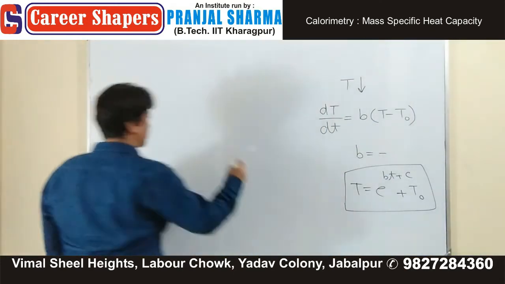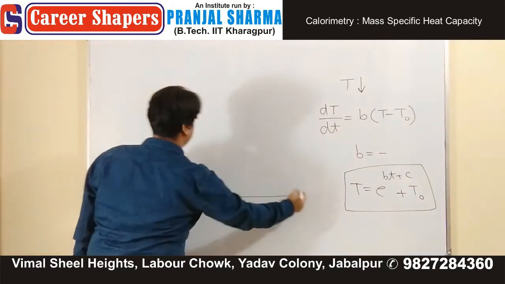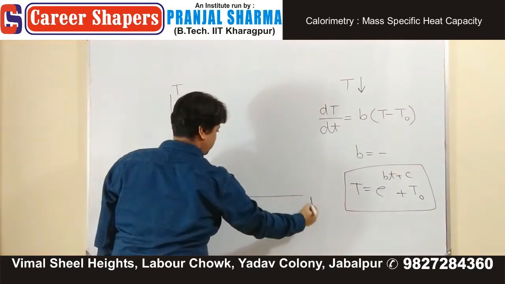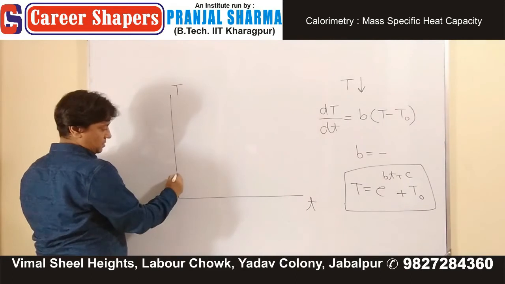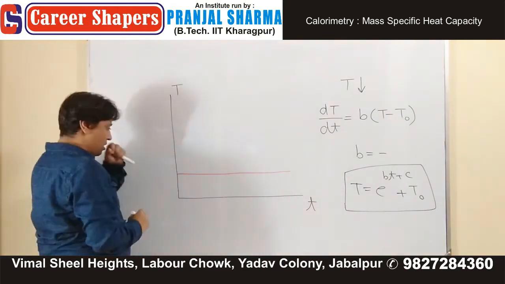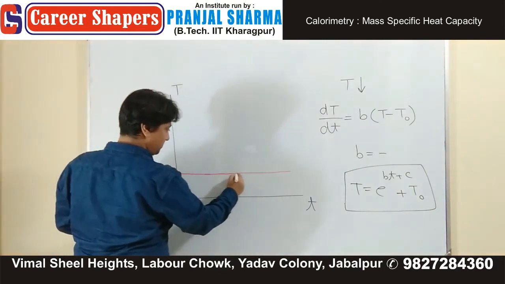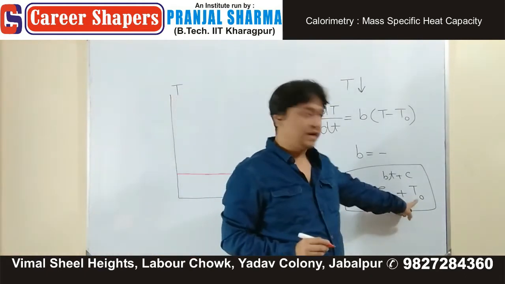And this is the proper graph. Temperature of the body and time T. This is not the graph. This red line gives you T naught.